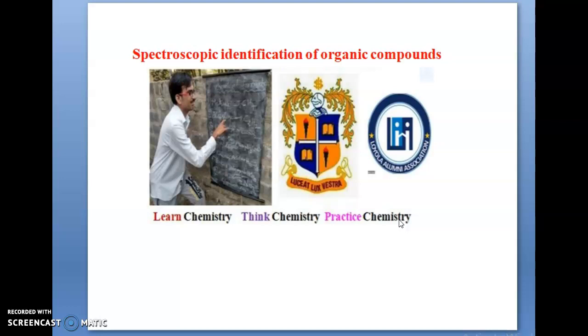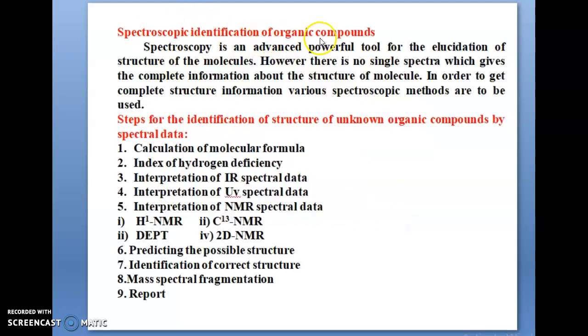So you can see the first slide, spectroscopic identification of organic compounds. How to identify the organic compounds, today we will discuss. Spectroscopy is an advanced, powerful tool for the elucidation of the structure of molecules. However, there is no single spectrum which gives the complete information about the structure of molecules.